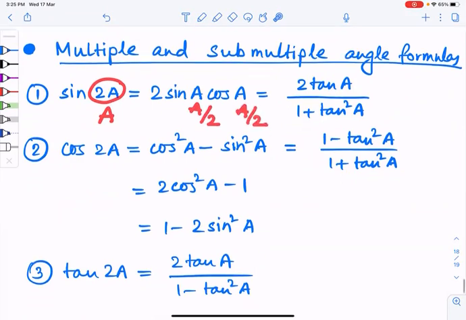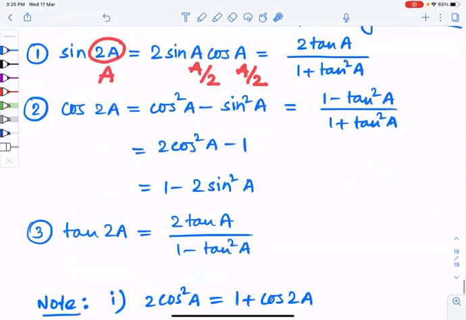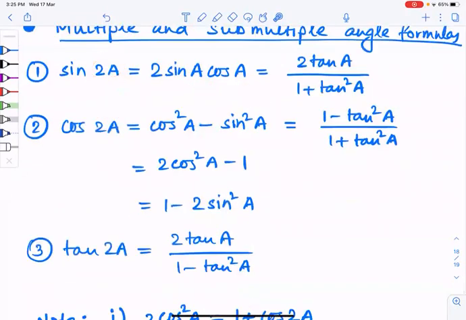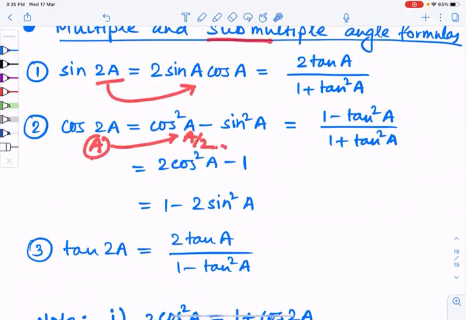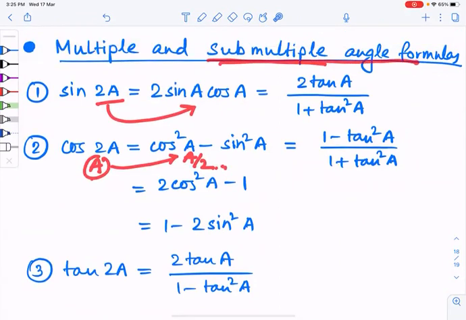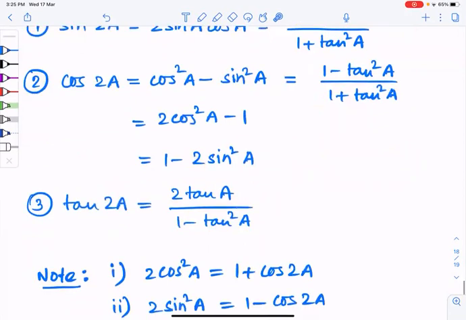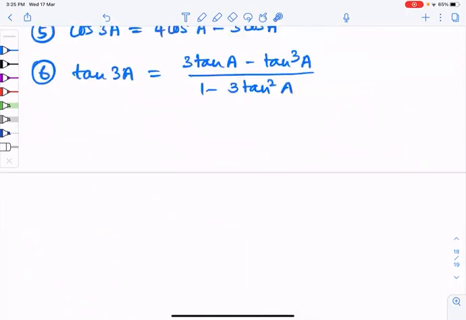So all these formulas, 2A is getting converted to A. Instead of 2A, if you write A, it will be converted to A by 2, half. All the angles, whatever is there, will become half. When you write such a thing, that is called submultiple angle formula. So I'm not writing them separately, they are exactly similar.